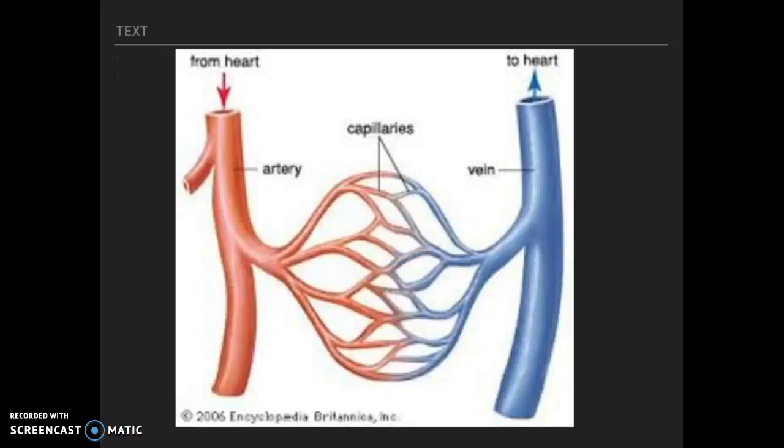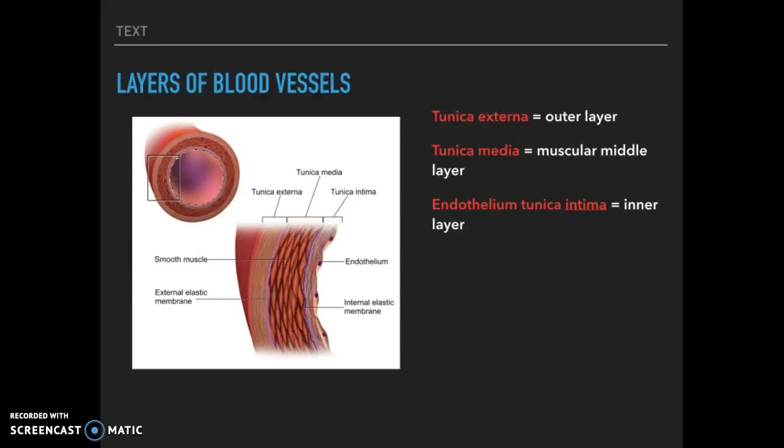So this is quite a good diagram which shows oxygenated blood from the heart into the artery, into the arterioles, a bit smaller, into the capillaries, which are obviously tiny, and then getting thicker to the vein, and then back to the heart. So you have three different layers of blood vessels.